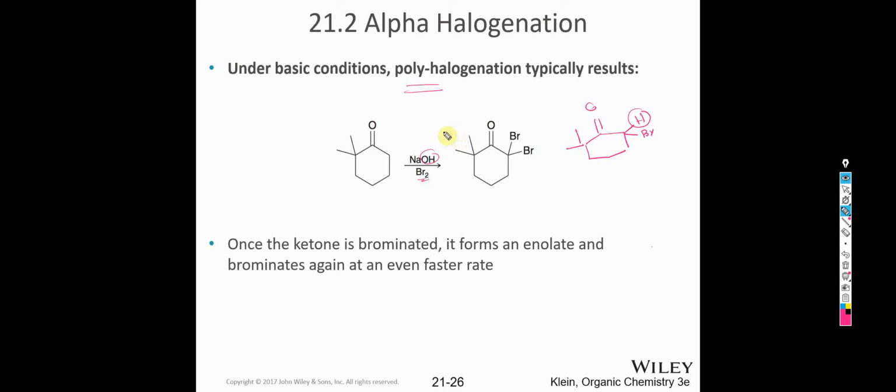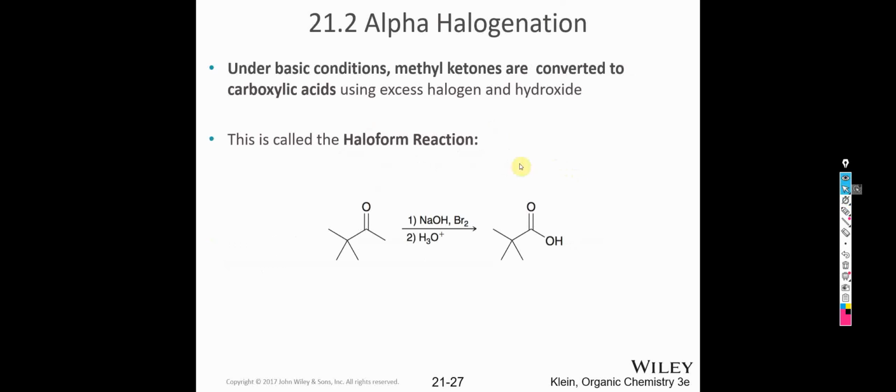So when you have basic conditions, you have to be really stringent in the way you do the reaction, so that you don't get too much of the polybrominated product. Okay, so that's the outcome of an electron rich system. That's a consequence of an electron rich system.